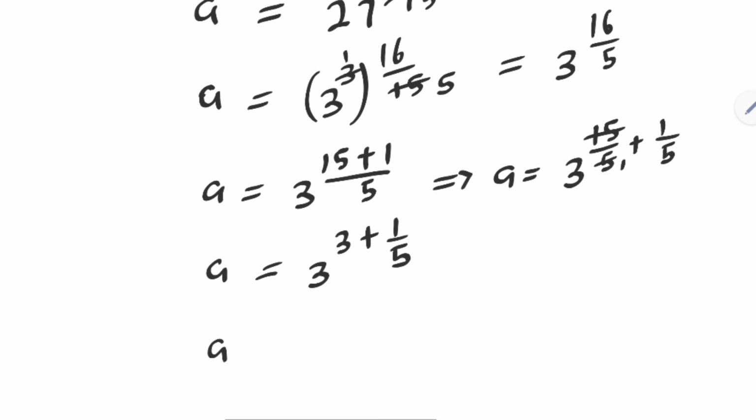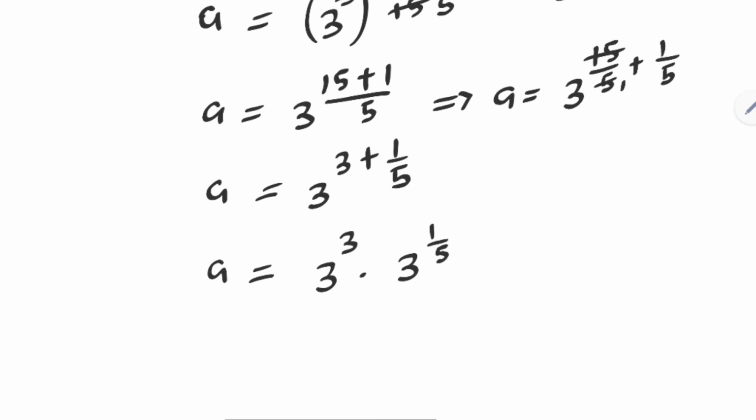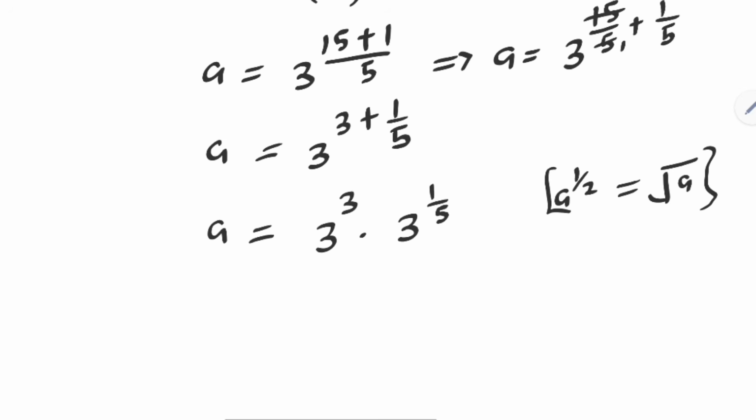Then A is equal to 3 raised to power 3 multiplied by 3 raised to power 1 over 5. Then if you have a raised to power 1 over 2, this is equal to square root of a. A is equal to 3 raised to power 3, this is 27.